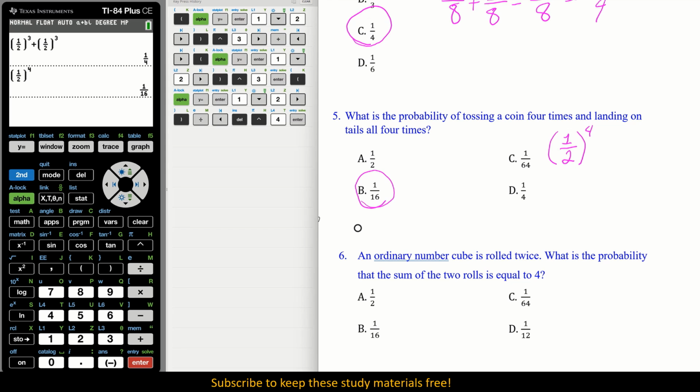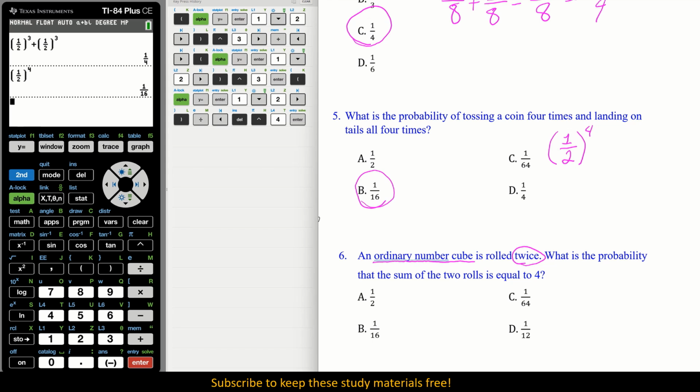Now let's look at number 6, an ordinary number cube. That just means a regular die rolled twice. What is the probability that the sum of the two rolls is equal to 4? First, we have to think of the numbers on a cube.